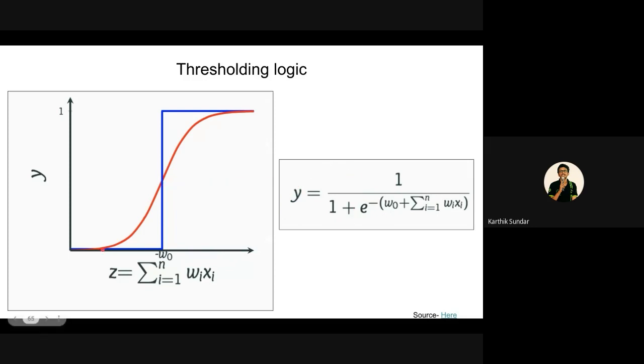So instead of having a hard thresholding logic, what a sigmoid neuron does is, it gives a smooth growth, and y is 0.5 at the threshold, and it is 1 when it tends to infinity. So this is the intention of the sigmoid neuron.